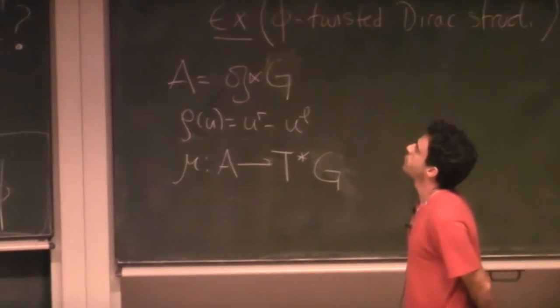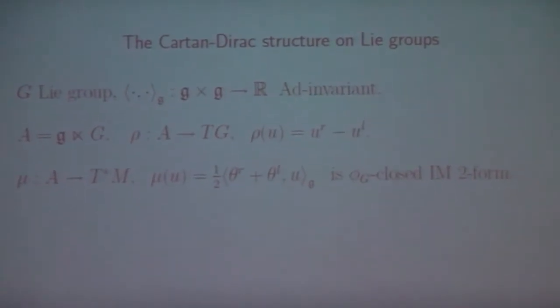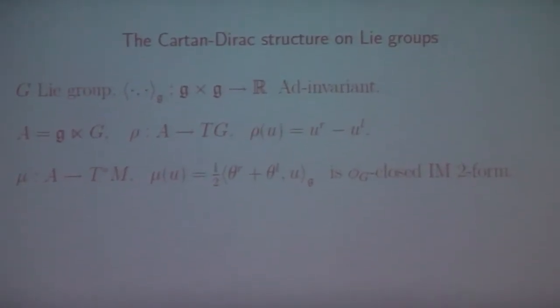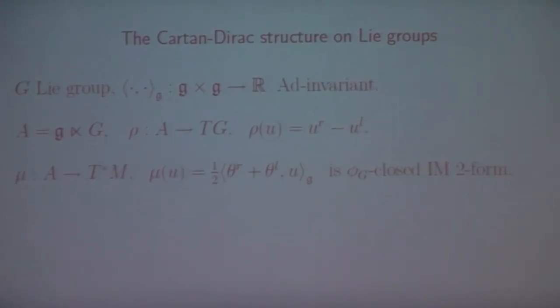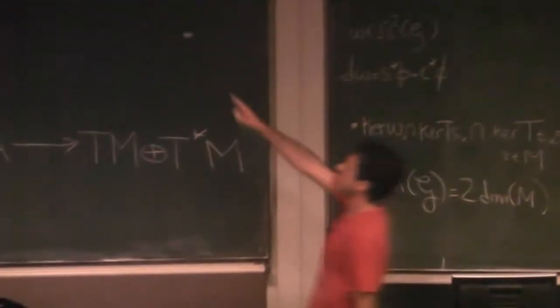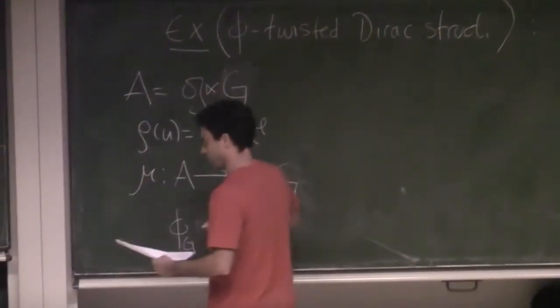Right, so that's the formula for mu. It involves the left and right invariant Maurer-Cartan forms. I think I didn't follow the bad notation suggested by Anton. The whole point is that you can directly verify that this mu satisfies these two equations up here, with respect to a certain 3-form, which is nothing but this Cartan 3-form that Anton also talked about.